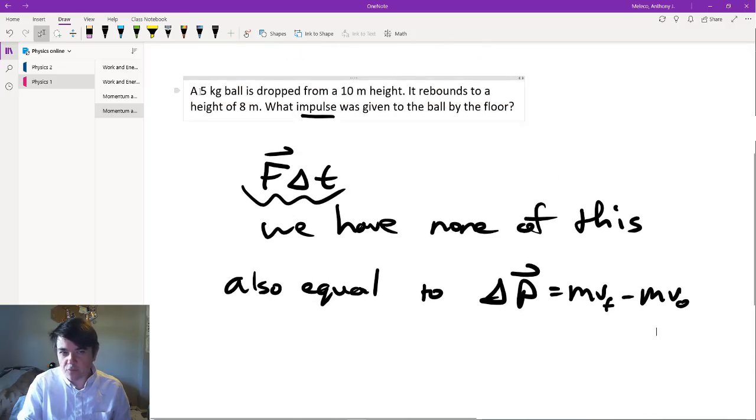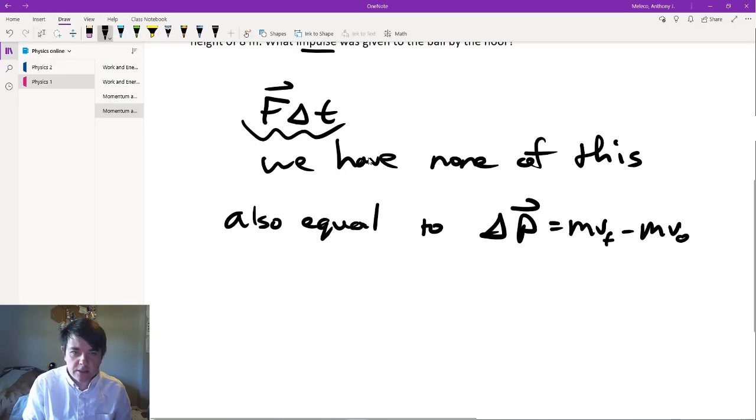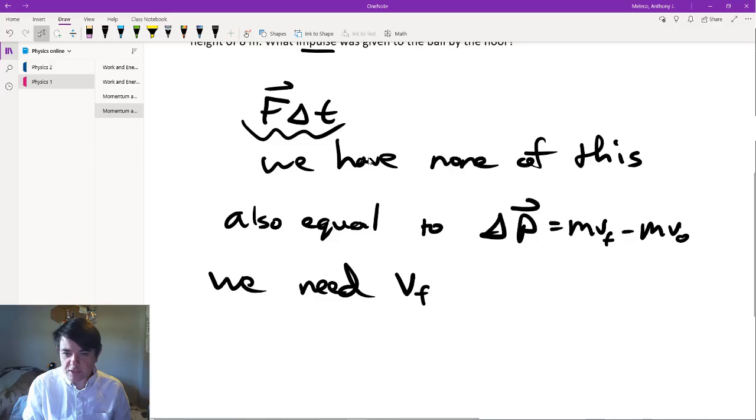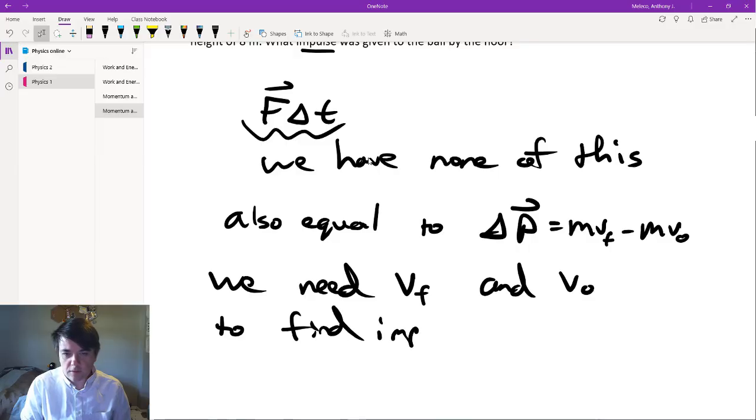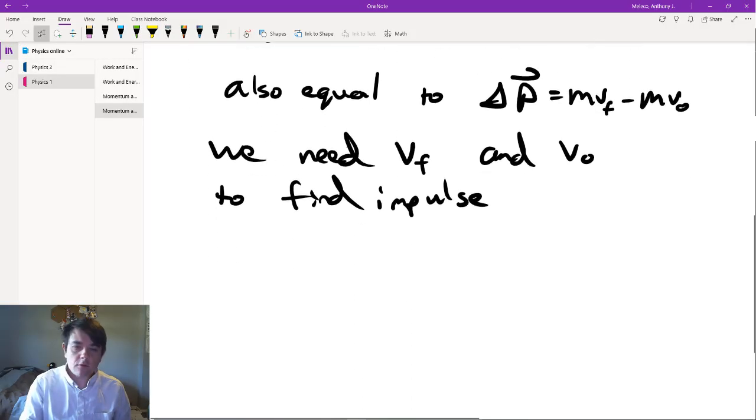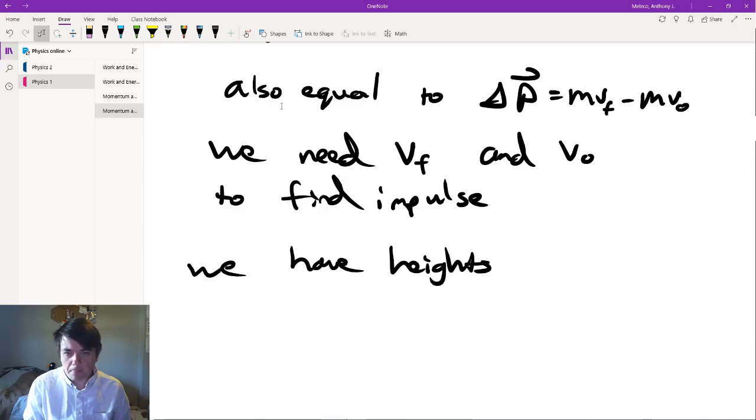We have the mass right here, 5 kilograms. So we need V final, the final velocity, to find impulse. But all we have are the heights, not the velocities.